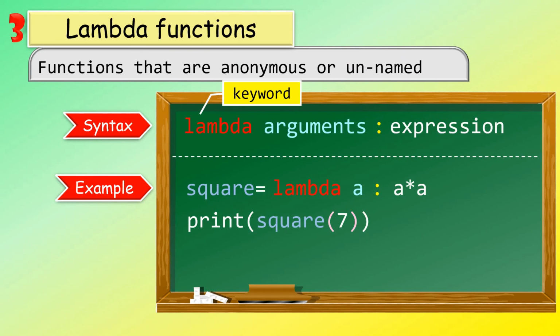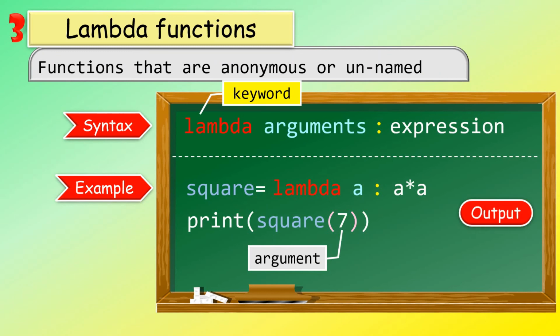Square of 7. So this 7 is taken as the argument, that is the value for a, and square of 7 will calculate 7 squared, because of the expression a squared, and then you will get the output as 49 because the function call is within a print function.